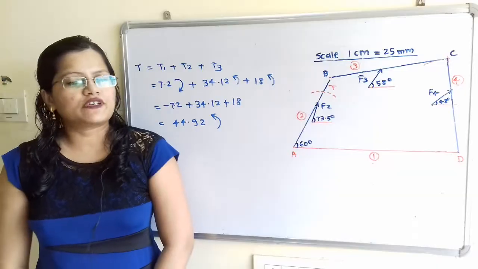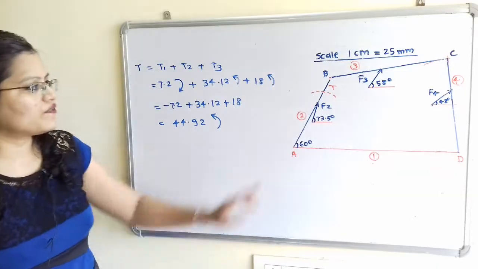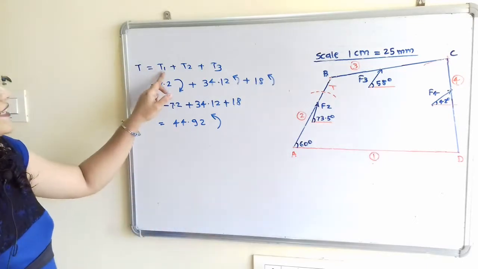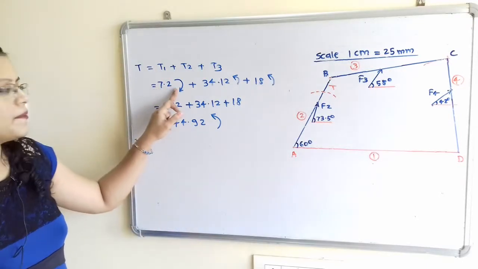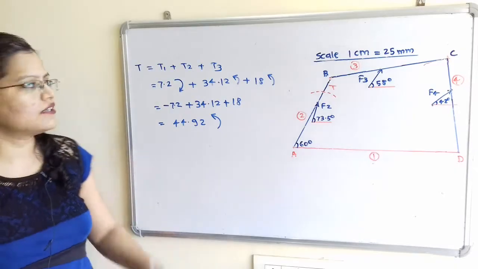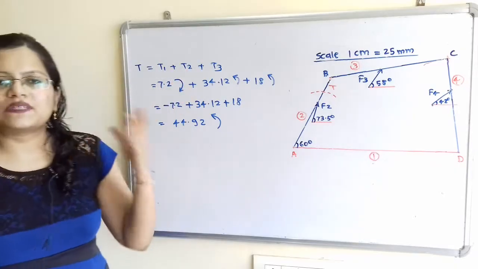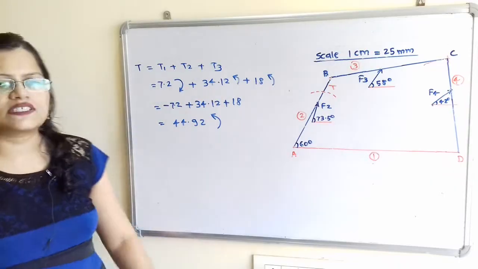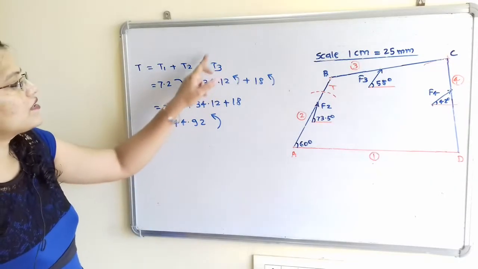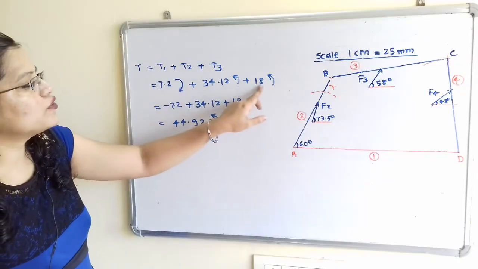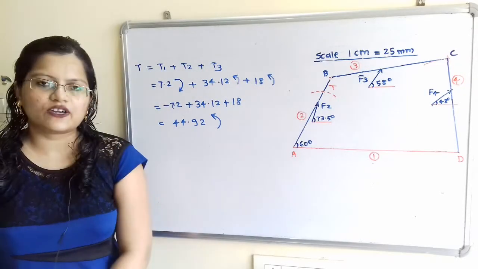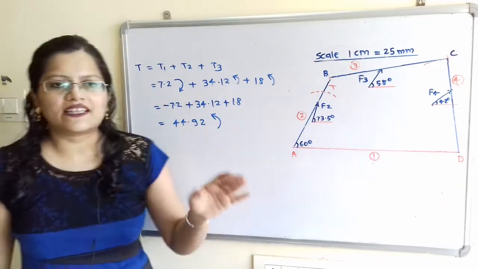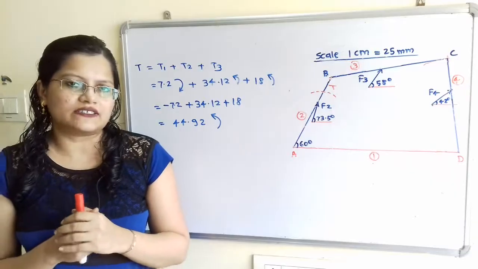Now we will decide the magnitude as well as direction for the resultant torque T. From the first subgroup we get T1, 7.2 Newton meter in clockwise direction. Then T2, from the second subgroup, is 34.12 Newton meter in anti-clockwise direction. From the third subgroup T3 is 18 Newton meter, also in anti-clockwise direction. For clockwise and anti-clockwise directions we have to take opposite signs.